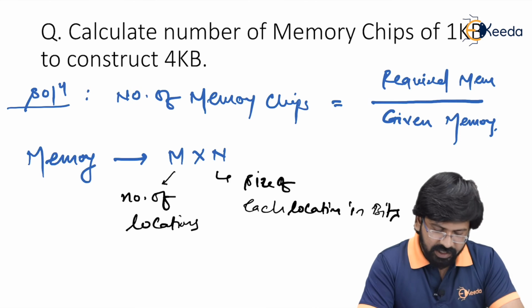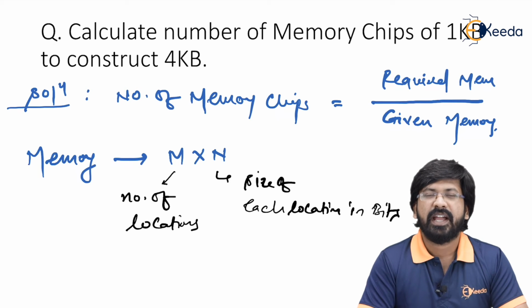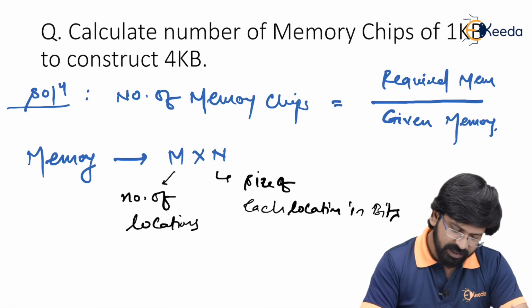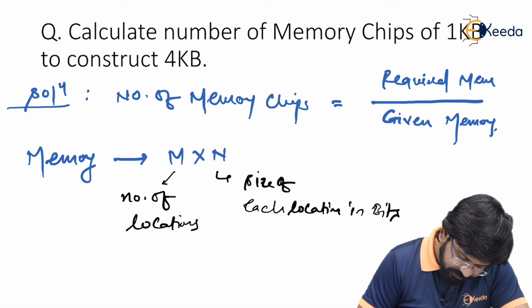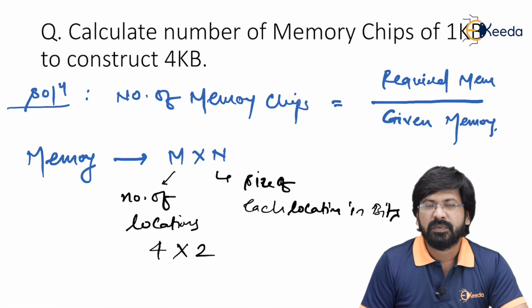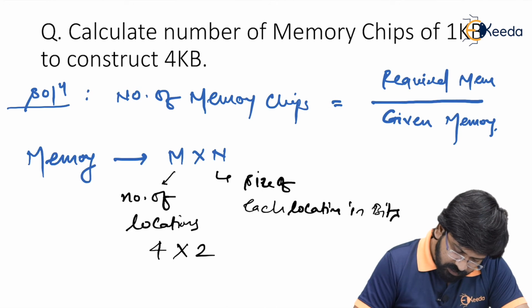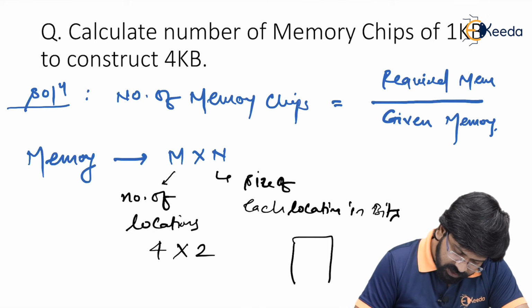Very easy. For example, if someone writes 4 cross 2, what is meant by 4 cross 2? How many locations are there? There are 4 locations and the size of each location is just holding 2 bits. So we can actually draw such a memory.